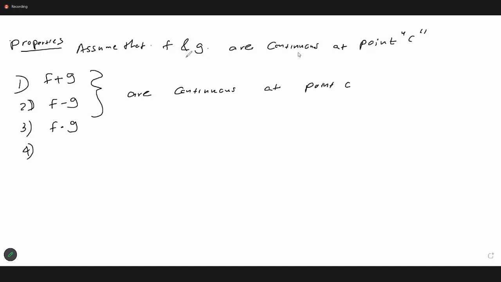So if we consider the f and g are continuous at the point C, then the combined functions f plus g, f minus g, or f dot g, these are also continuous at point C, right? ඒ කියන්නේ අපිට මේ function දෙකක් තියෙනවා නම් අපි දන්නවා නම් ඒ දෙන්න continuous කියලා. හැබැයි function දෙකේ එකතුවක් හරි subtraction එකක් හෝ ගුණිතයක් multiplication එකක් තියෙනවා නම් පැහැදිලිවම අපිට කිසිම proof එකක් නැතුව මේ property එක පාවිච්චි කරලා කියන්න පුළුවන් මේ function එක continuous කියලා. ඒ දෙන ලද point එකේ. මේවා properties, right?